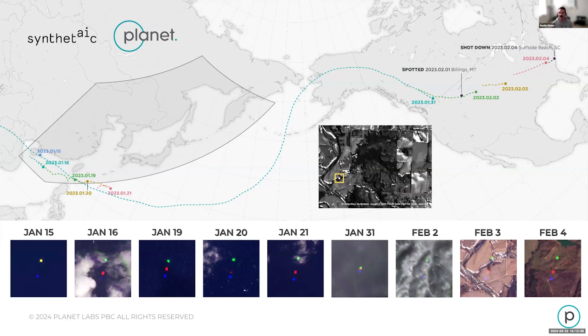And then they created an AI model to search for the imagery across our archive. Because they were able to do this, they were able to identify other dates in which our imagery had captured pictures of this balloon, but also the inception of the balloon back in China. So just a really interesting and unique way that our data is being applied for real world monitoring situations.